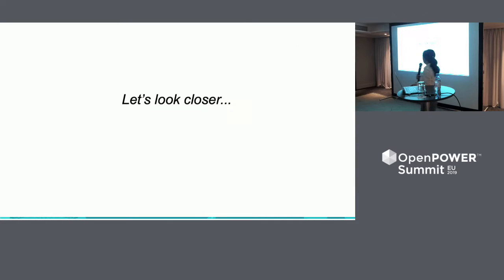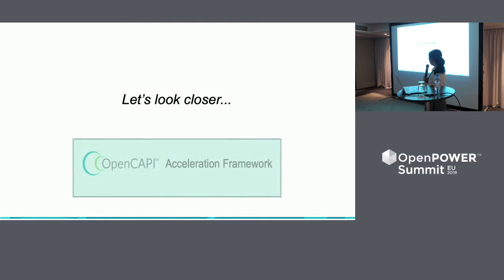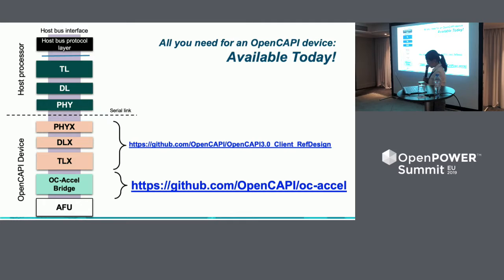Okay, so let's look closer at the OpenCAPI Acceleration Framework. Above the serial link line is the logic inside the host processor, and below this line is the OpenCAPI device. To make it an OpenCAPI device, we need several layers: physical layer, data link layer, transaction layer, and we have also added the OC-Accel bridge.